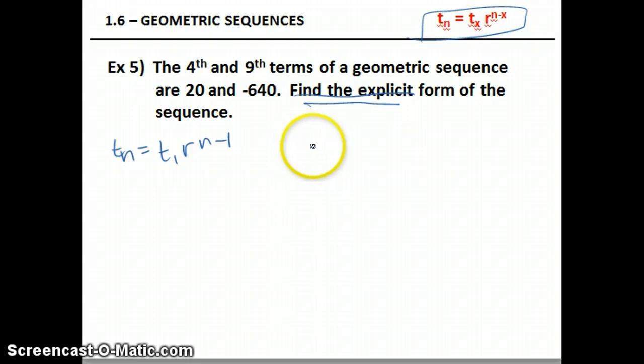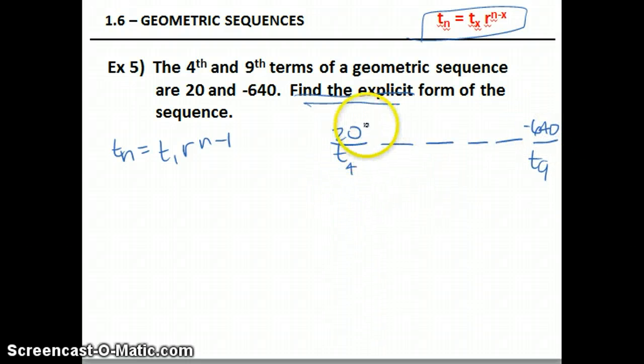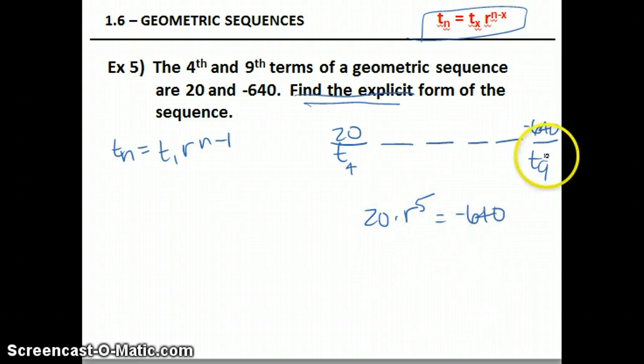So what we just learned before is that we've got the 4th term, so we know that t sub 4 is 20, and then we've got 4, 5, 6, 7, 8, whoops, I'm going to run out of room. T sub 9 is negative 640. So the first thing I'm going to do is count 1, 2, 3, 4, 5, so I have r to the 5th. 20 times r to the 5th equals negative 640.